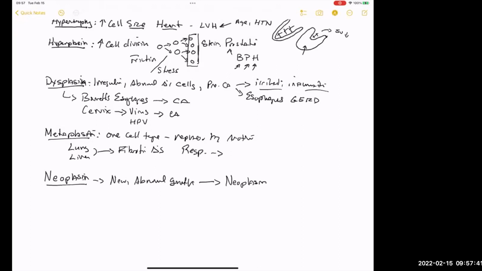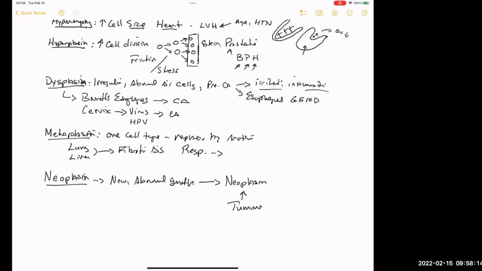Does anyone know what the common term is for a neoplasm? New abnormal growth of tissue. Cancer or a tumor? Yeah, tumor. Yep, that's what a tumor is. A tumor is a neoplasm. So a tumor is kind of an extreme case of cellular adaptation.